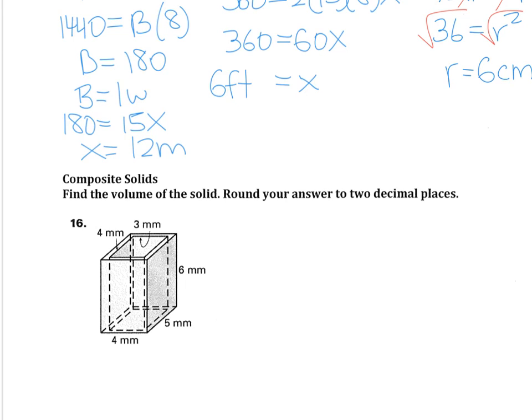And a nice application is when we have these things called composite solids, where you're trying to find just the volume of, in this case, the border. This is a rectangular prism where the inside, this little inside, is voided. It's blank.